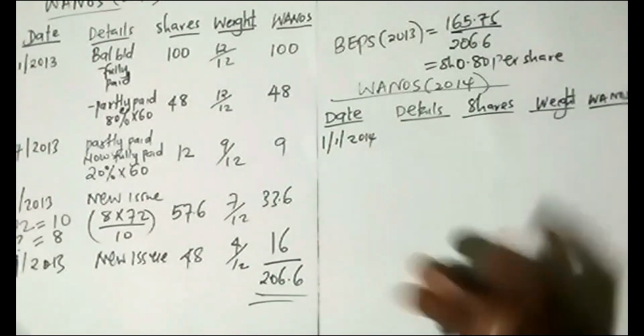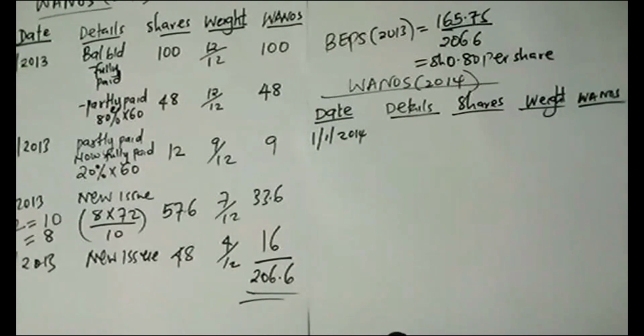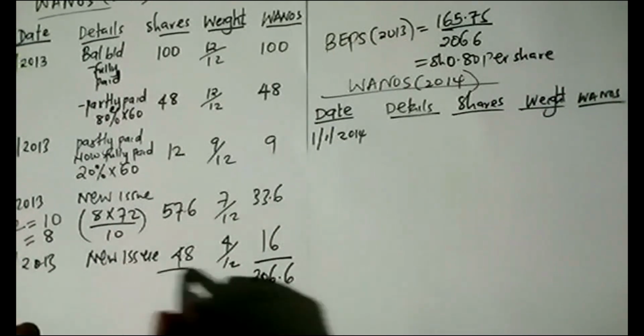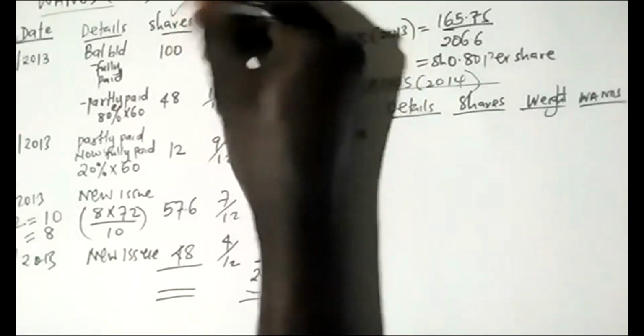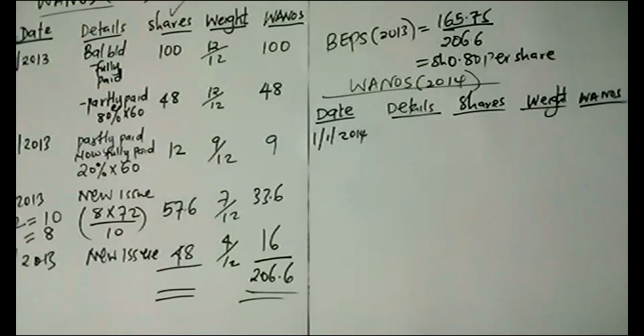So for January 2014, to start with, it is all about the shares we have from 2013. So we add this column of shares so that we determine the balance brought down. The 100 plus 48, that is 148, plus 12, plus 57.6, plus 48.